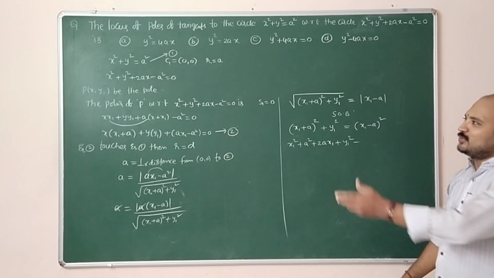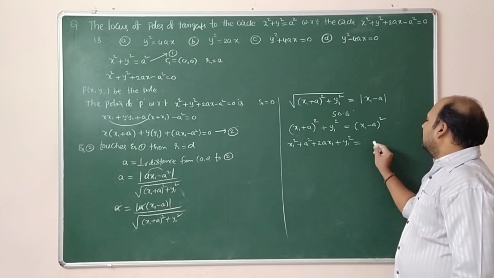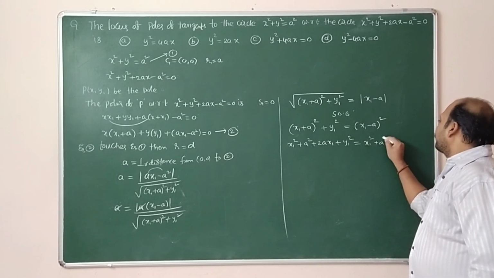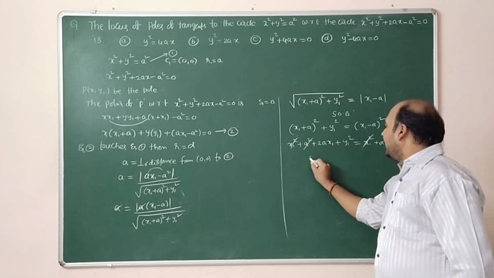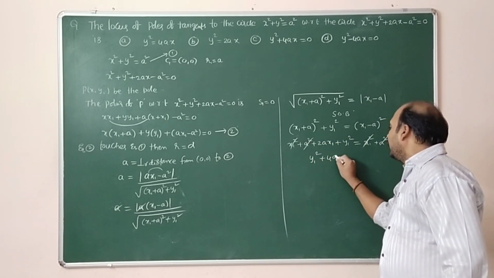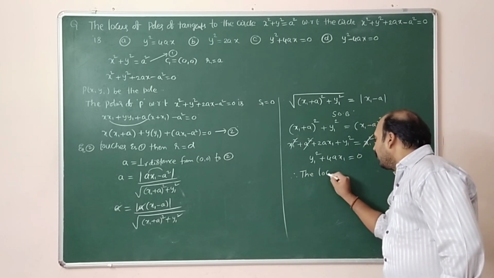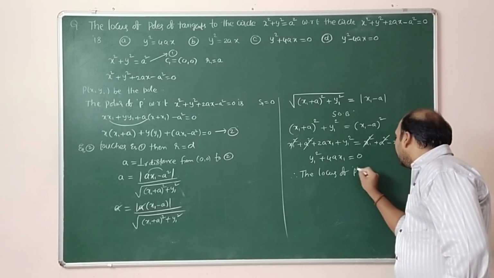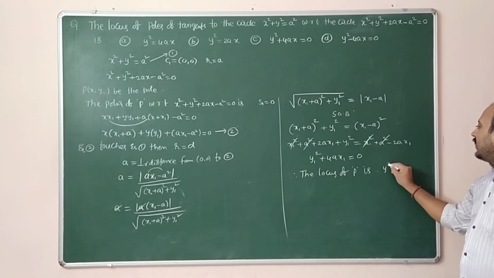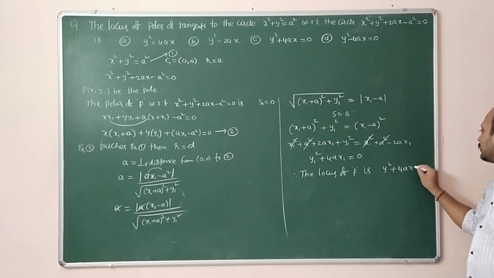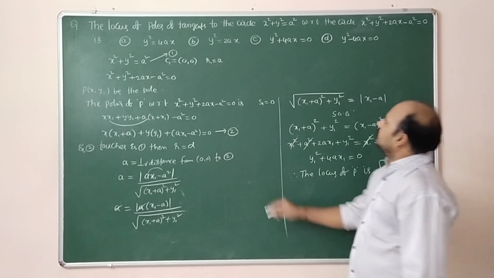We can write like this also for the students' convenience. Otherwise directly also we can. Taking this to this side, y1² + 4ax1 = 0. Therefore the locus of point P, replacing x1, y1 with x, y, is y² + 4ax = 0, which is in the third option.